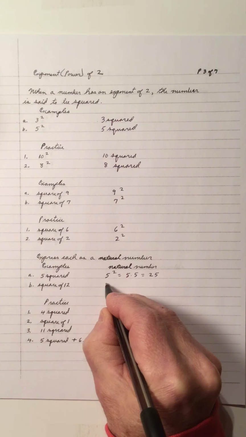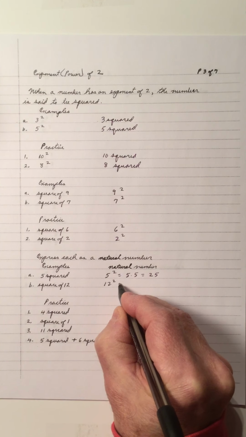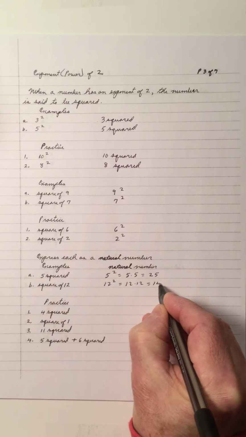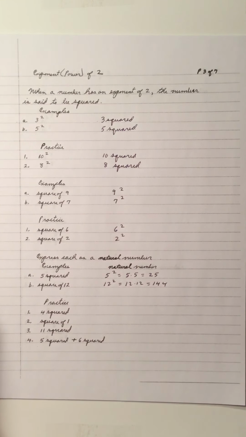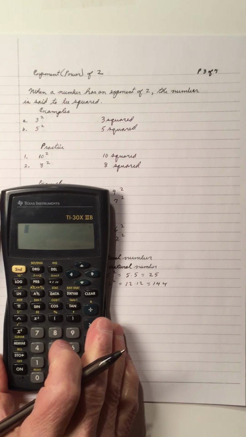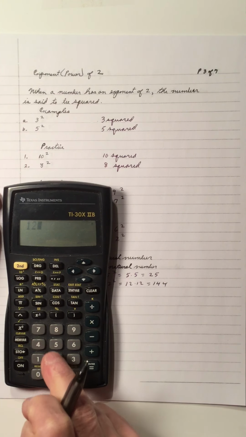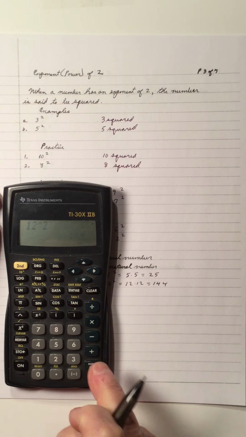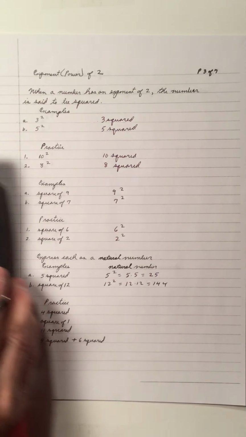The square of 12 is 12 to the 2, 12 squared. So it's 12 times 12, which is 144. And again, I can use my calculator to do 12 squared: punch 12 in, hit the power button, and go 2, and you'll get 144.